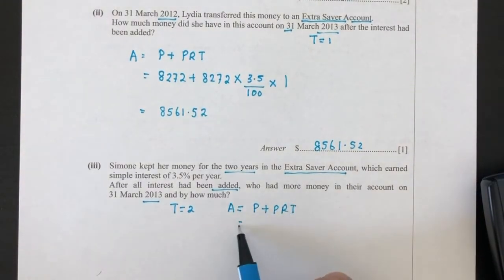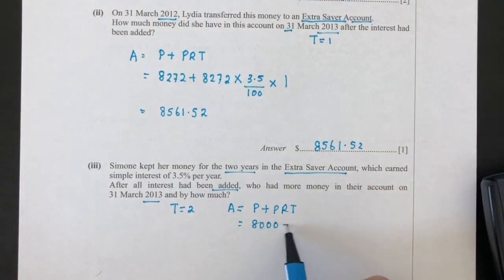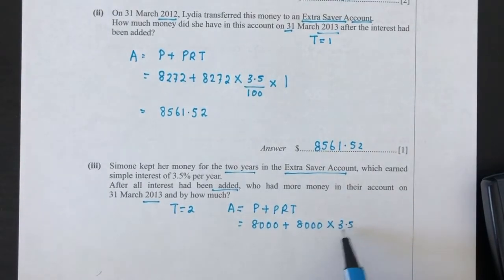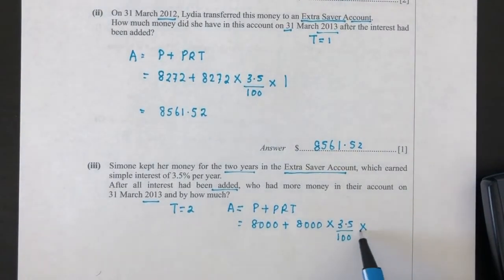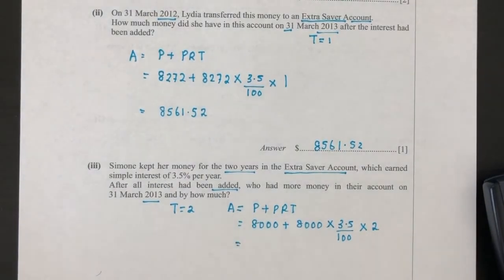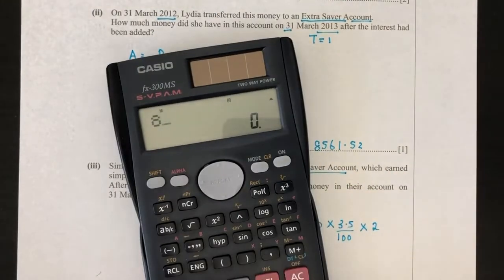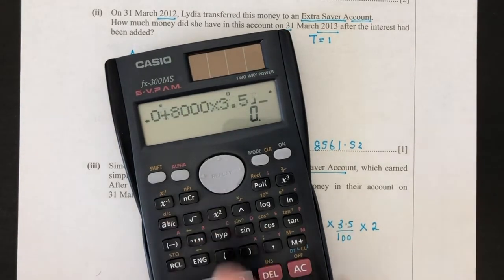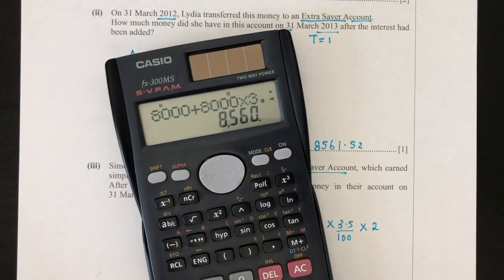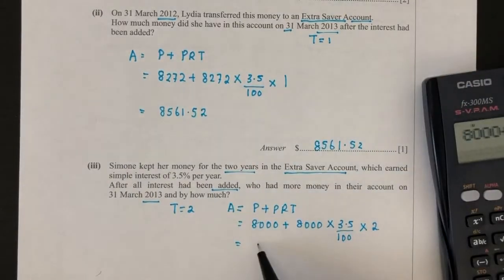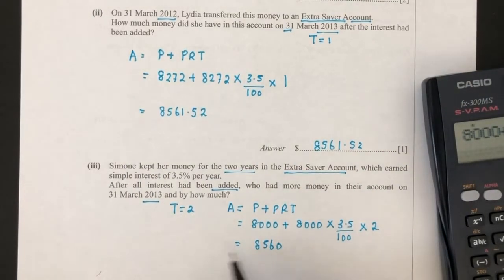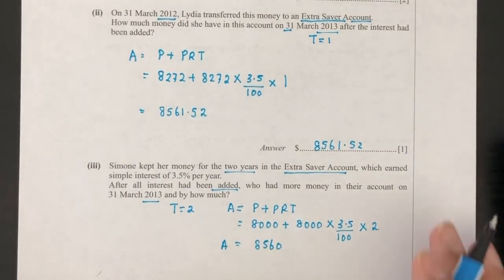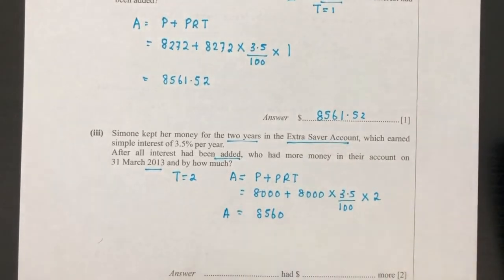PRT, 8,000 plus 8,000 times rate, which is 3.5%, and times 2 for Simone. So 8,000 plus 8,000 times 3.5 over 100 times 2, that will be 8560. 8560 will be the amount that Simone would have by the end of the year.